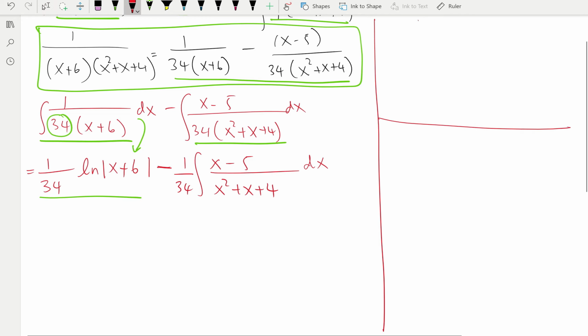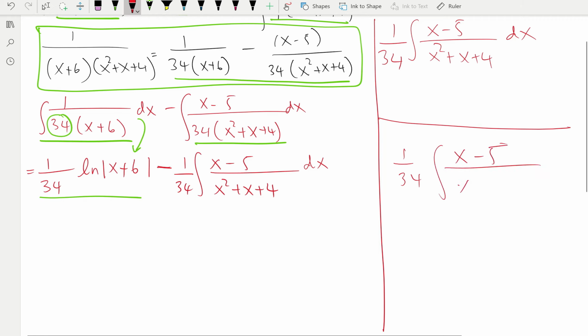In this problem we want to integrate x minus 5 over x square plus x plus 4 with respect to x. In the previous video we had something like x square plus 4. The difference is we didn't have the middle x term that we have here.